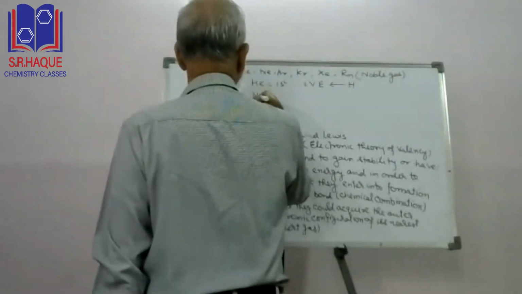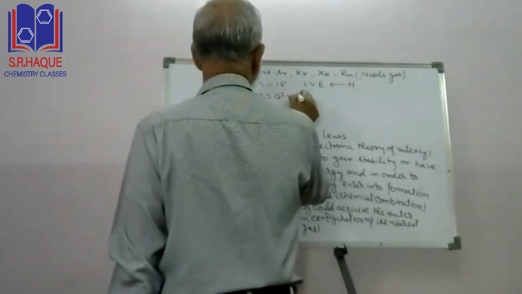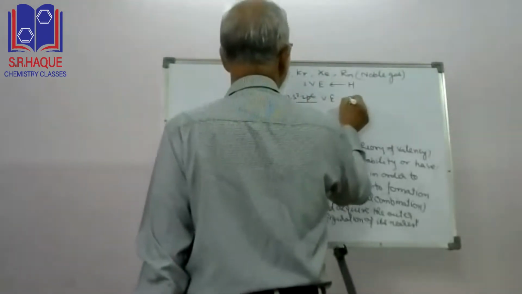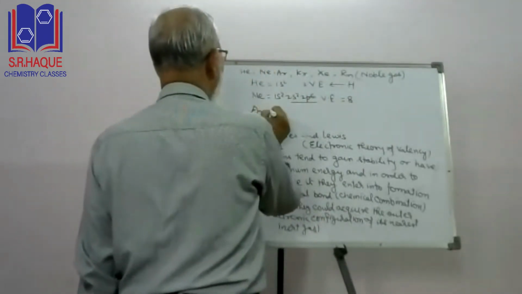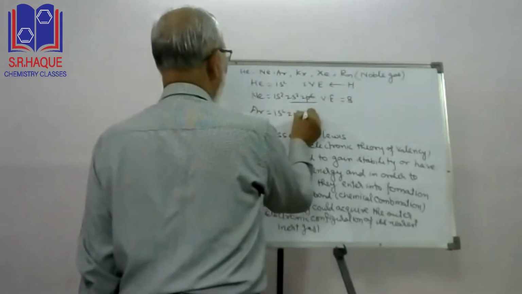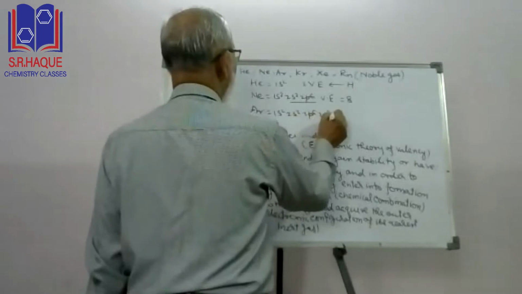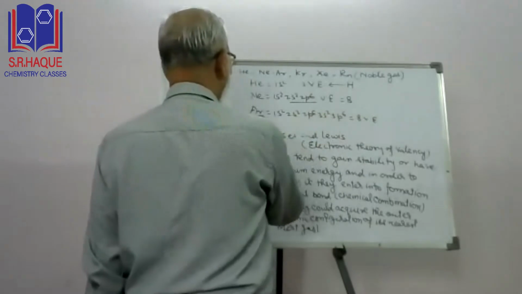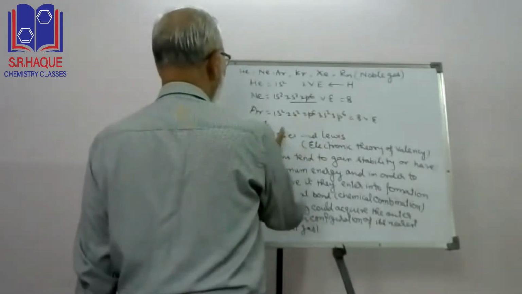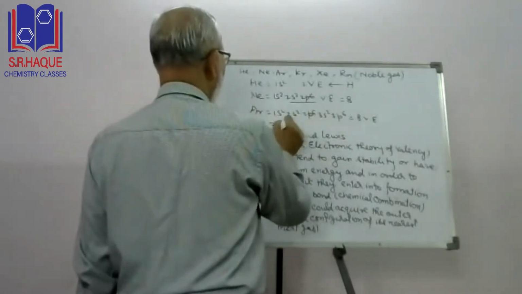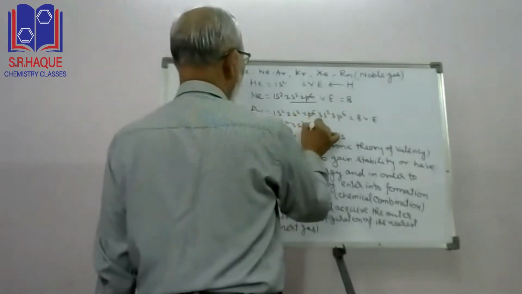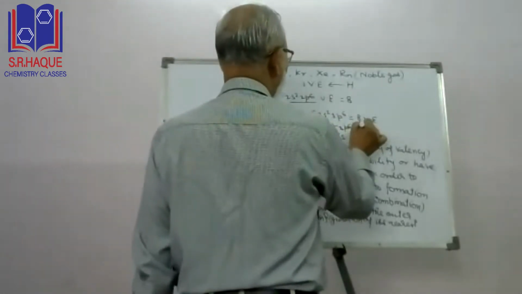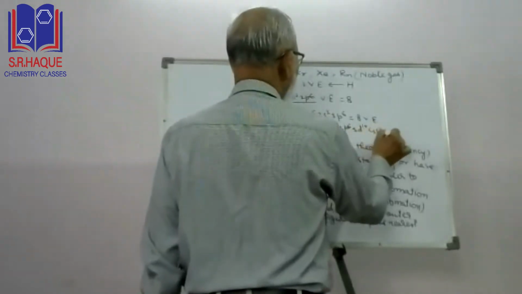Likewise, neon has electronic configuration 1s2, 2s2, 2p6, valence electron 8. Argon has 1s2, 2s2, 2p6, 3s2, 3p6. This also has valence electron 8. And likewise, krypton 36 has electronic configuration 1s2, 2s2, 2p6, 3s2, 3p6, 3d10, 4s2, 4p6.